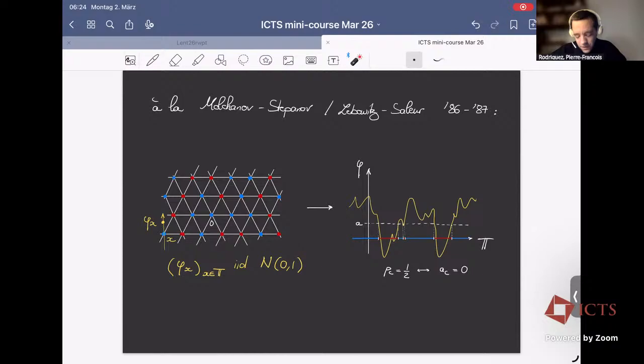So you have these field variables sitting at every vertex of your graph. And now, instead of changing the parameter p, you vary the sea level a, and you look at the vertices where phi x is bigger than a. Whenever your yellow point is above this barrier, you're open, and when your phi is below the value a, then you're closed, and you have these clusters that form in this way.